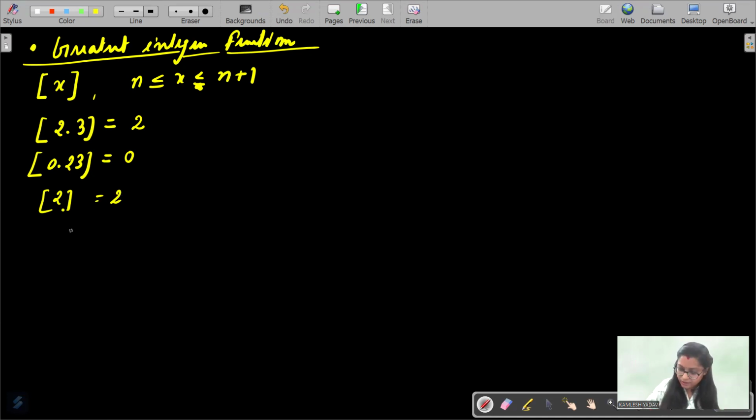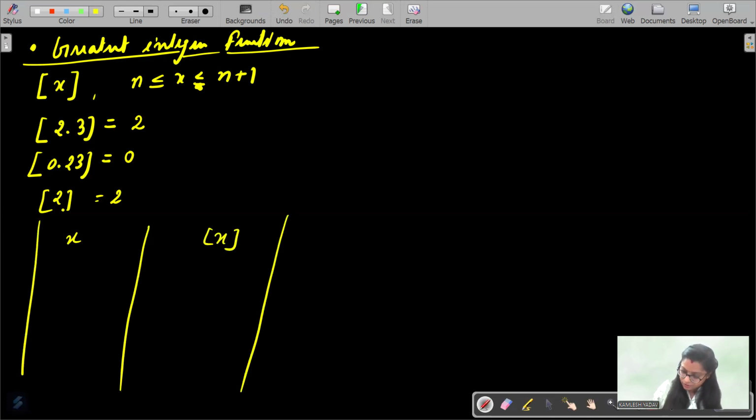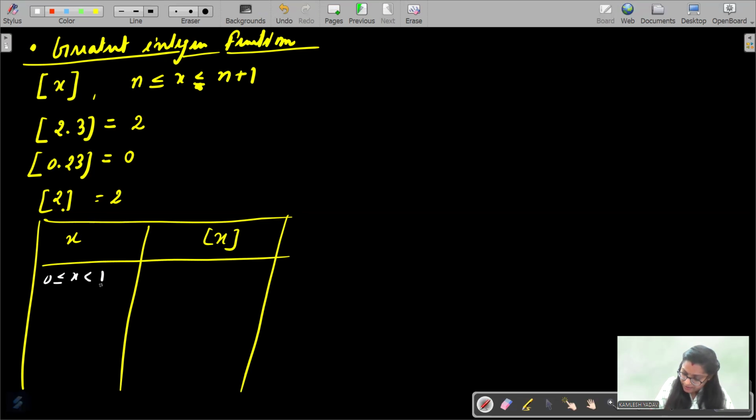Now I construct a table to make the concept of the greatest integer value easy to understand. Suppose here the value of x and the greatest integer of x. So suppose 0 ≤ x < 1, the value of the greatest integer function is 0.